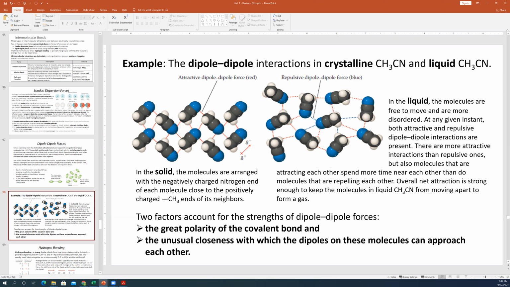But for example, in a liquid where the molecules are free to move, you do have some dipole-dipole forces, here shown in the red dots, but you also have repulsive forces in the blue. And overall, the net attraction is strong enough that the molecules remain in a liquid form and don't just float away into gas.